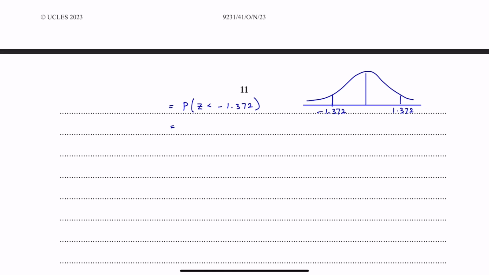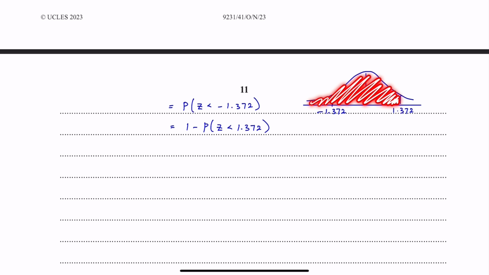So this is also equal to 1 minus the probability that z is less than 1.372. This value would be the area over here.